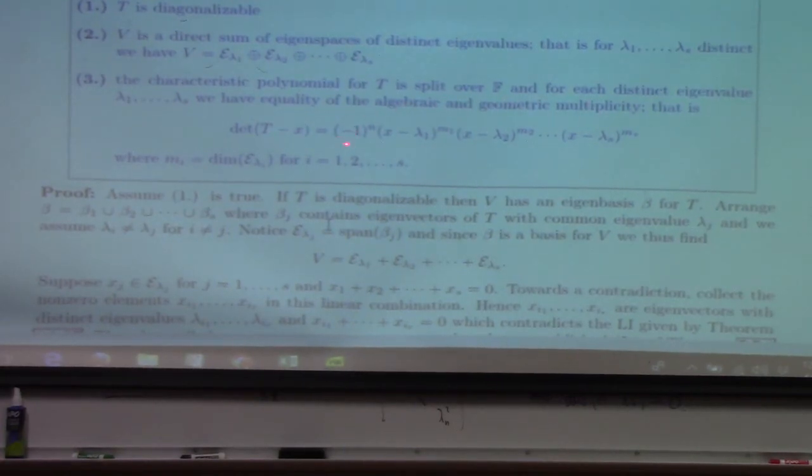So this is to say that it's split, and this is to insist that the number of times it's repeated here matches the dimension of the corresponding eigenspace.